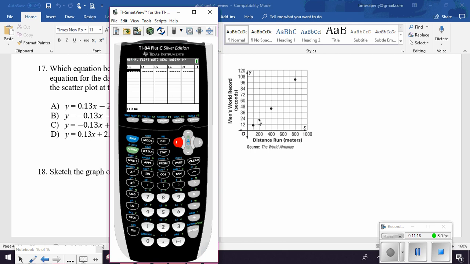So the first data point is about 100 for our x's. The second data point is at 200. The third is at 400.